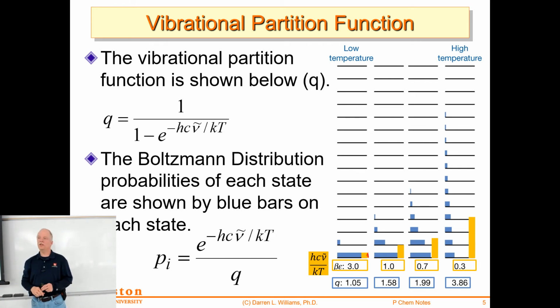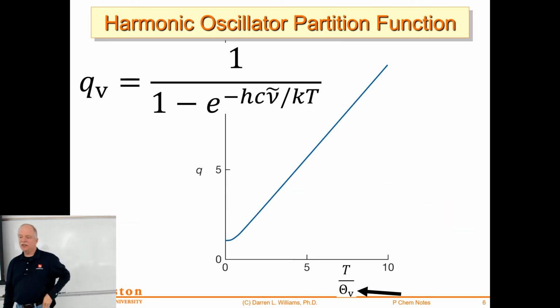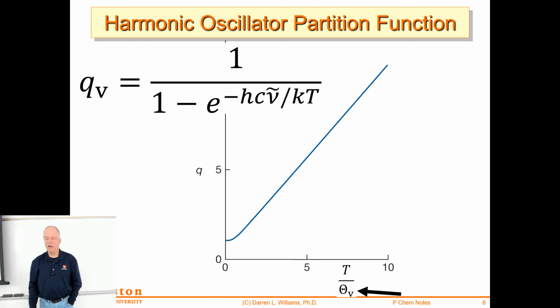Once the temperature gets hot enough, you can put a lot of molecules in a lot of different vibrational energy levels. The rule of thumb is that when the temperature gets to be 10 times that spacing, the difference in vibrational quantum numbers is infinitesimal. That's when we make that integral change. This is a plot of that function. Again, it goes to infinity at high temperatures and it goes to 1 at low temperatures.